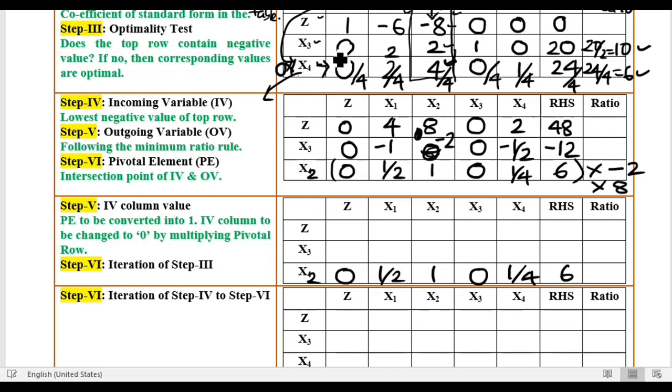Then for this one, 1 plus 0, this is 1, minus 6 plus 4 equal to 8 minus 8 equal to 0. 0 plus 0, 0, 2 plus 0, 2. 48 plus 0, this is 48. Then for this one also 0 plus 0.